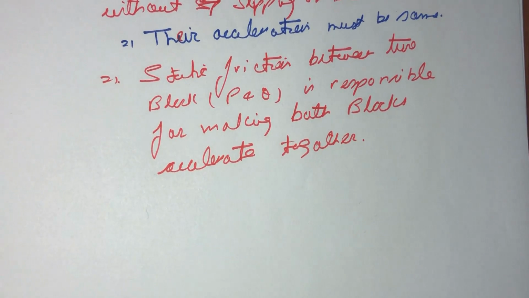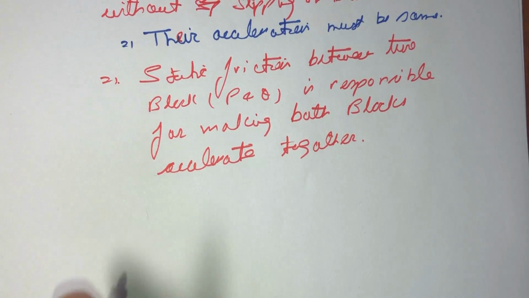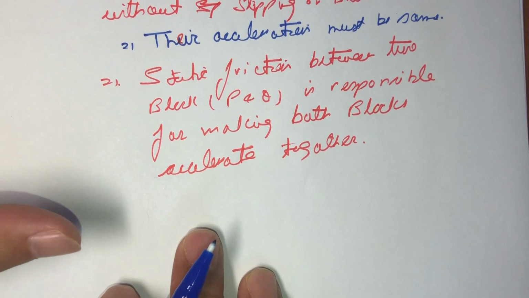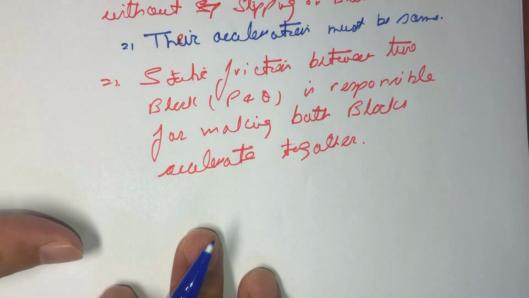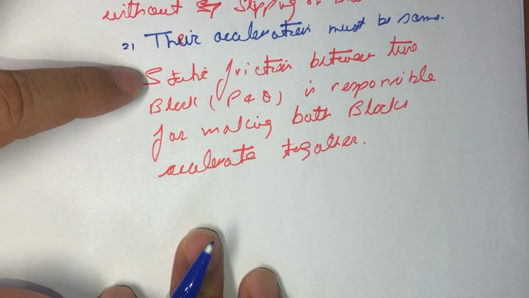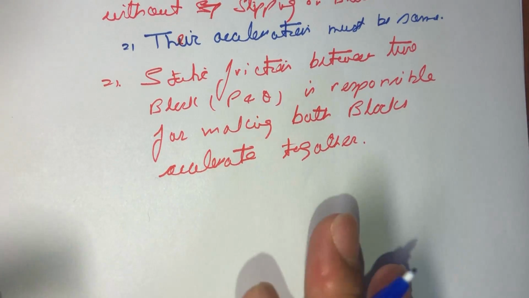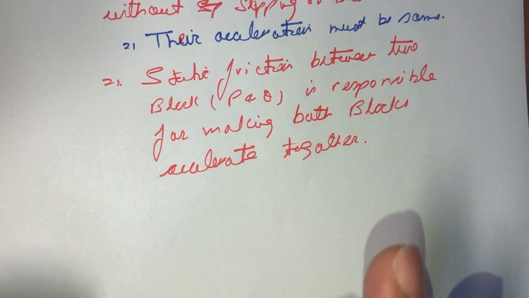We already discussed the no slipping condition. It means it is static friction which is responsible for both blocks moving together.